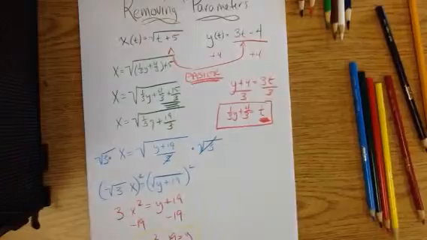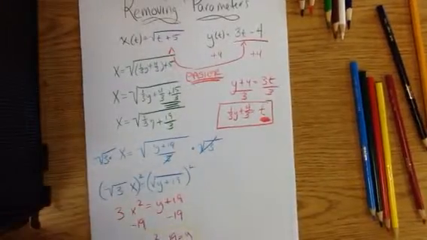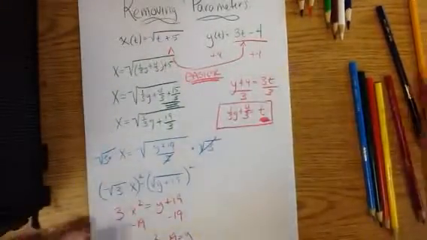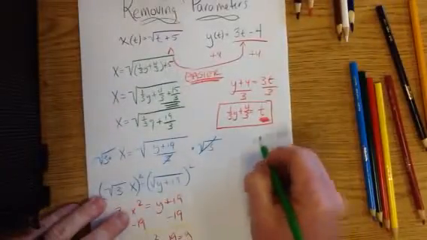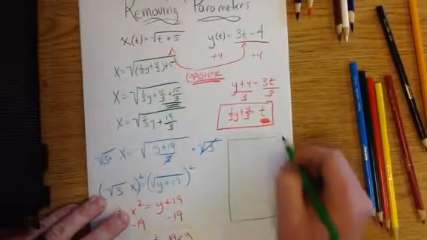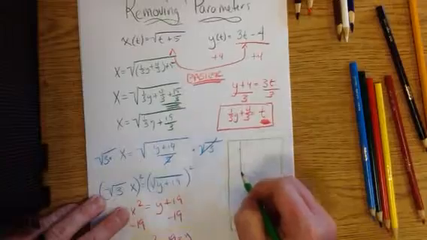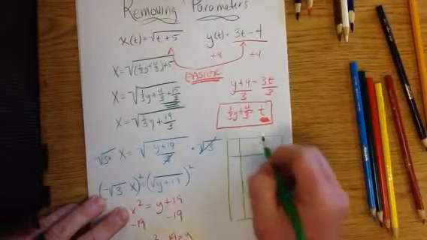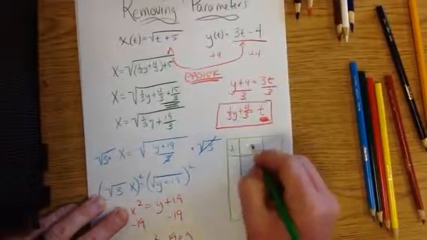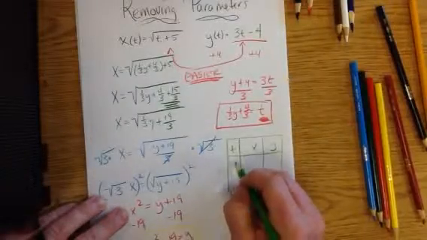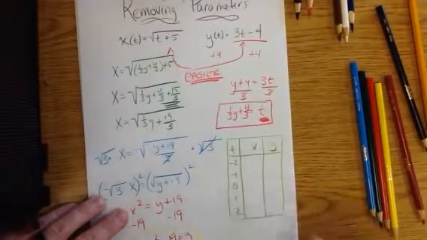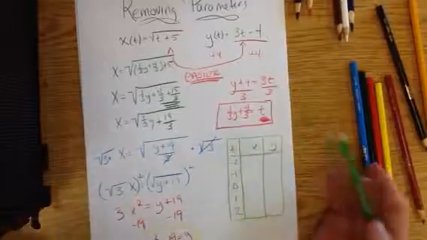If you were to go back and make your table, you guys remember when we made the table? You pick your t values however you'd like. You have your t values, your x and your y. You could pick your t values however you wanted, whatever fit for you in this situation.